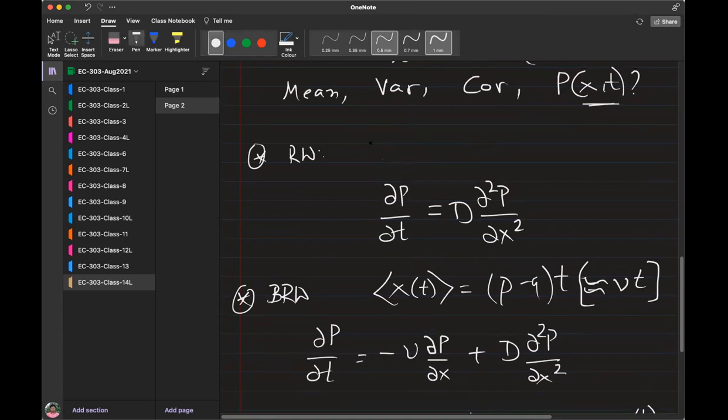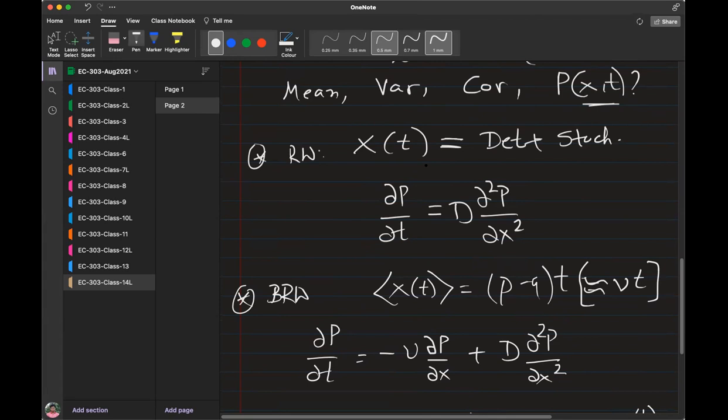Okay, when we write down the equations for this, how was that? You should think of the equation for random walk in the following way: you can decompose the equation in terms of a deterministic part and a stochastic part.